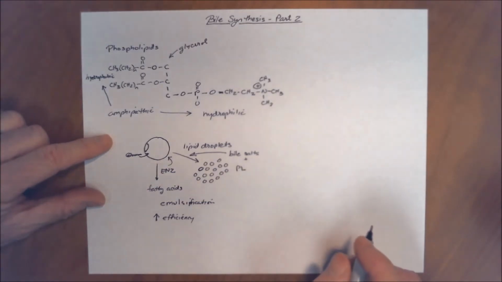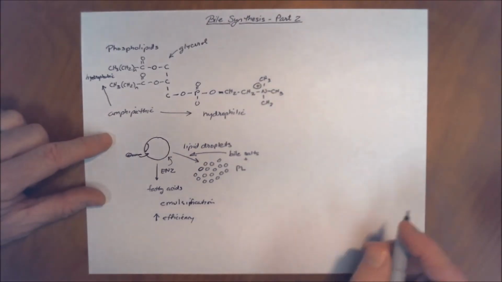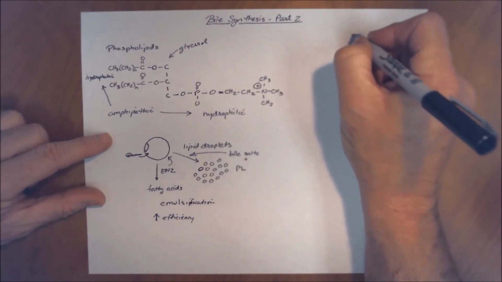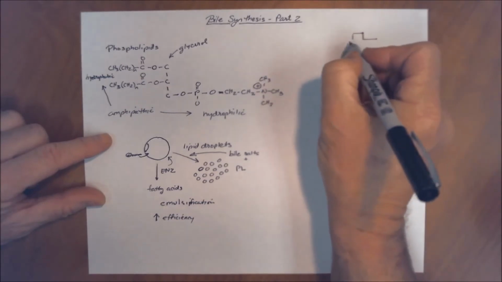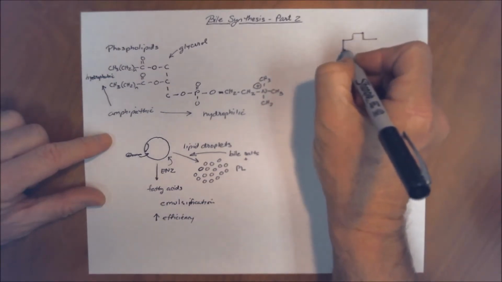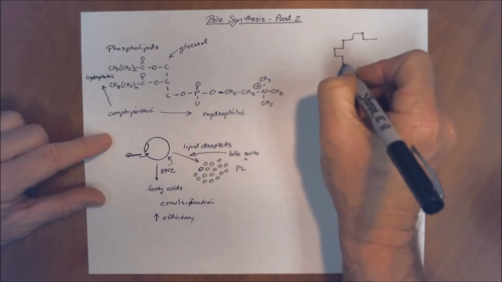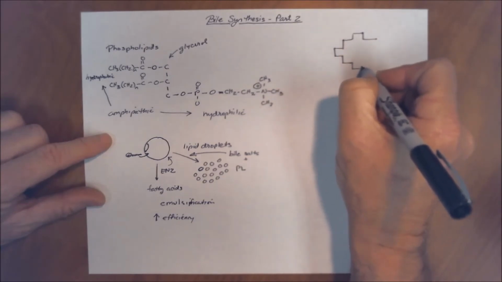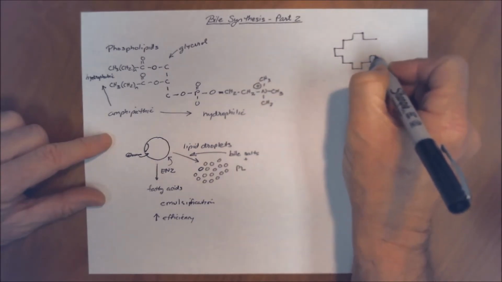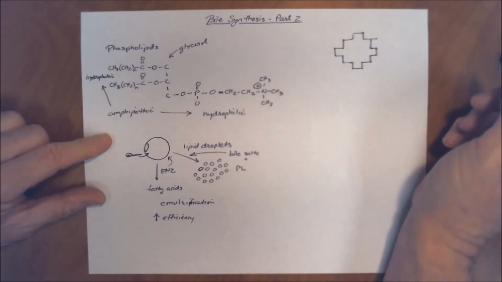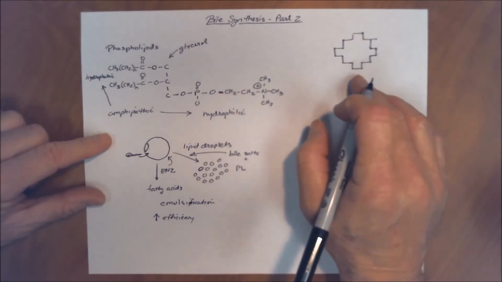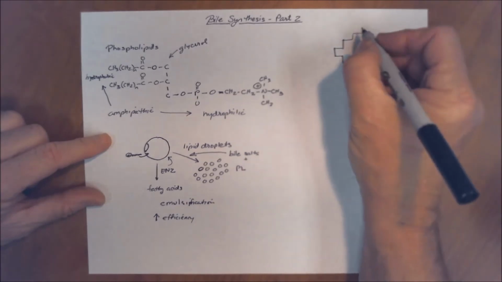Now the other component of bile are the bile pigments. Bile pigments are going to start out as digestion products from red blood cells. Now recall, this structure is the heme structure.